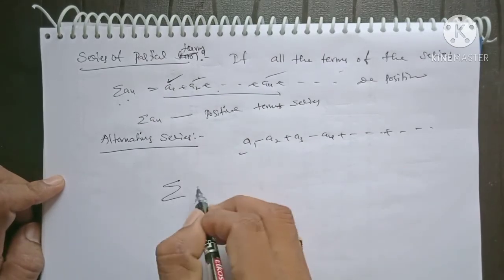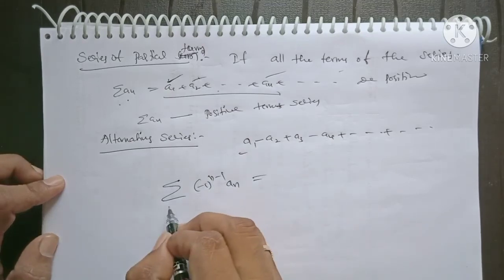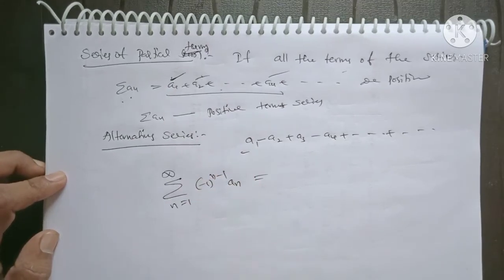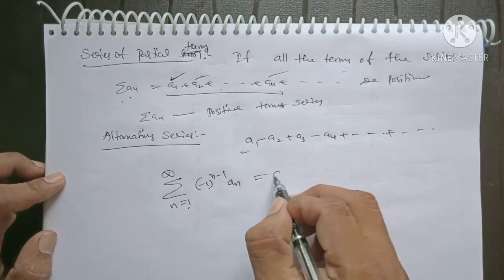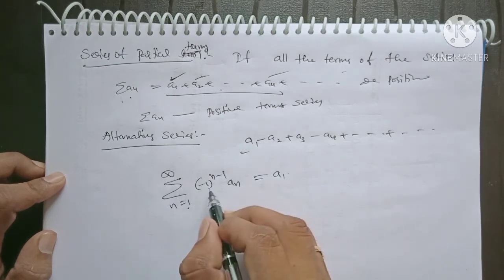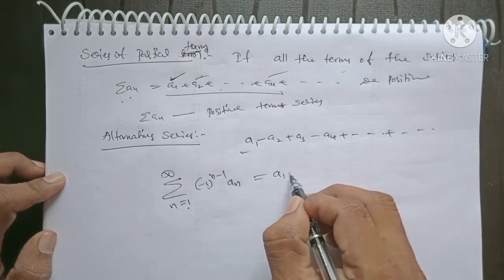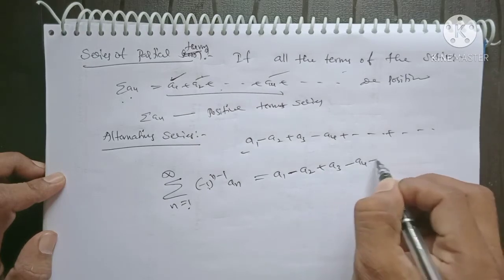Suppose I give an example: sigma n is equal to 1 to infinity minus 1 to the power of n minus 1 an. Look here, for the first term n is equal to 1, we get a1. For the second term n is equal to 2, minus 1 to the power 2 minus 1 means minus a2. Next plus a3, minus a4, like this.